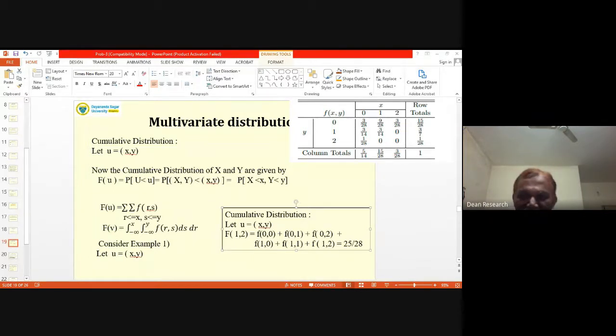Of course, limits are inclusive. 0, 1 for x, and for y 0, 1, and 2. And you get that. It is very simple. Furthermore, I said capital F of 2, 2 is equal to 1. And also I said how we can get that. Now, this is how we can compute.